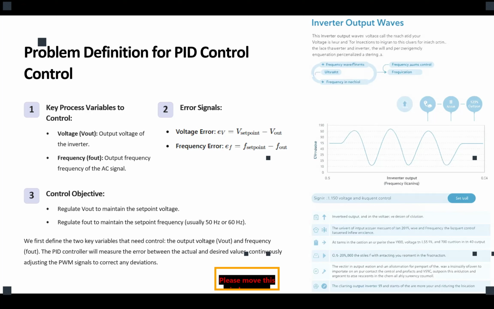And for reactive power control, we mentioned in the previous session that if we want to control the generation or consumption of reactive power, we control the amplitude of the voltage. Our voltage is AC, it's a vector, it has amplitude and phase. Phase decides how much active power you inject. Amplitude decides how much reactive power you inject or consume.